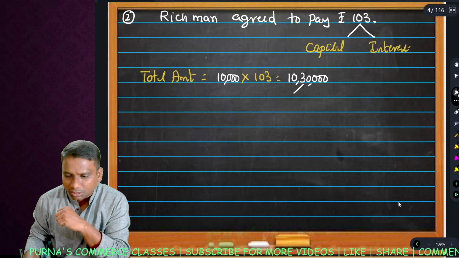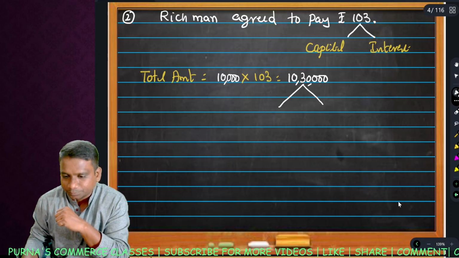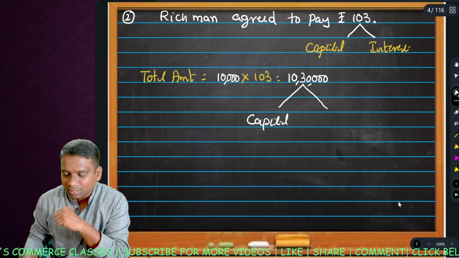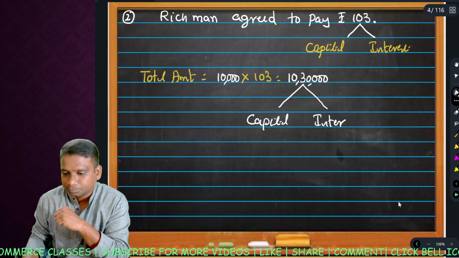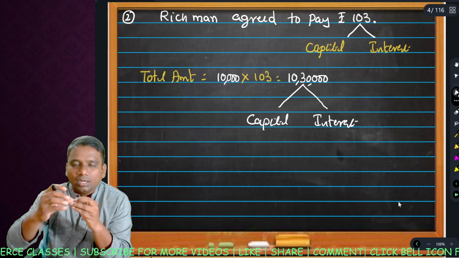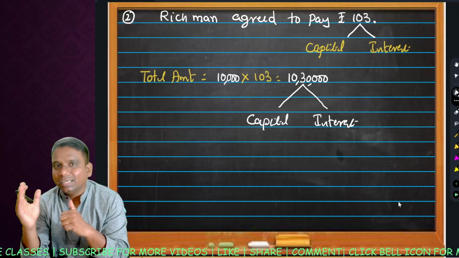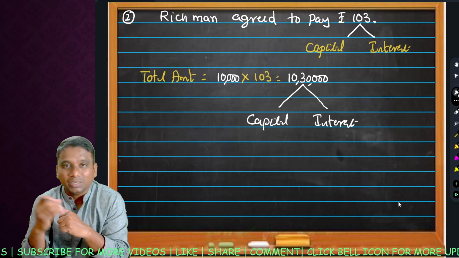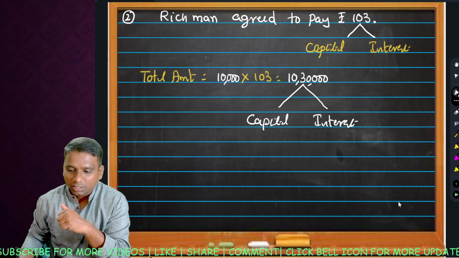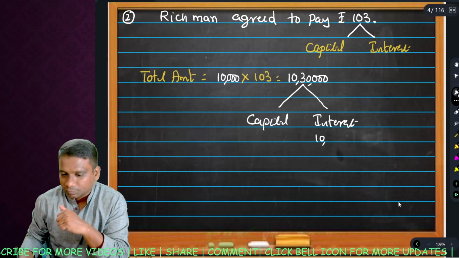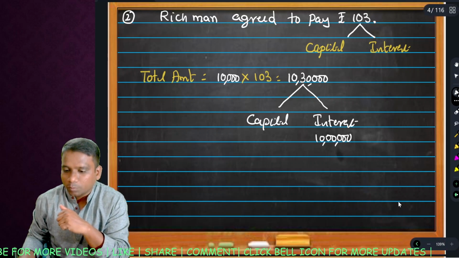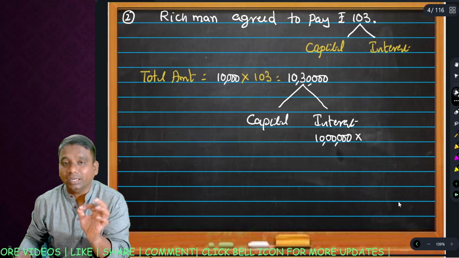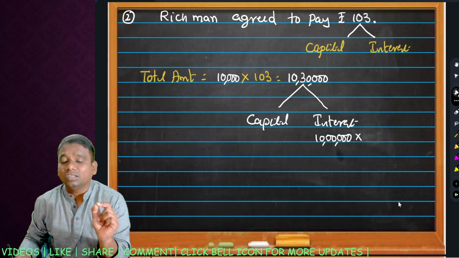Now you people tell me, this amount includes what? Capital portion as well as interest portion. Out of 10 lakh 30,000, if you eliminate interest portion, automatically the remaining amount is towards investment only. Okay, now calculate interest. 10 lakhs is the nominal value, because interest is paid only on nominal value.